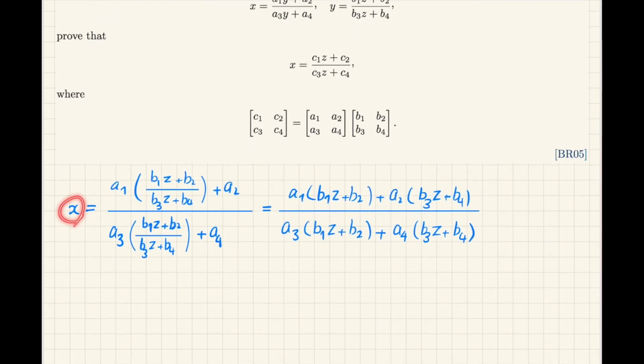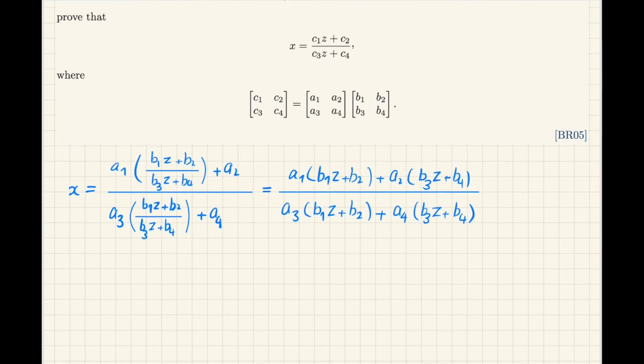I have the connection between x variable and the z variable, but I need to organize them. But here you see in the expression that I am going to prove, in the numerator I have z in only one place. Okay, but I have z here in two places. So if I multiply this and factor it out, then it becomes simple, yes?